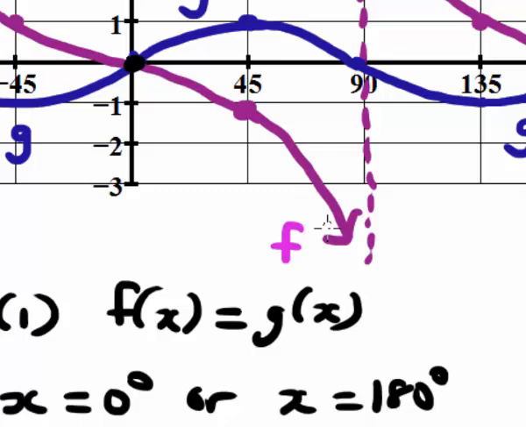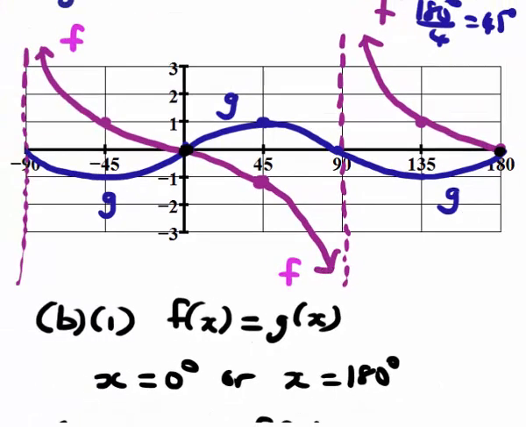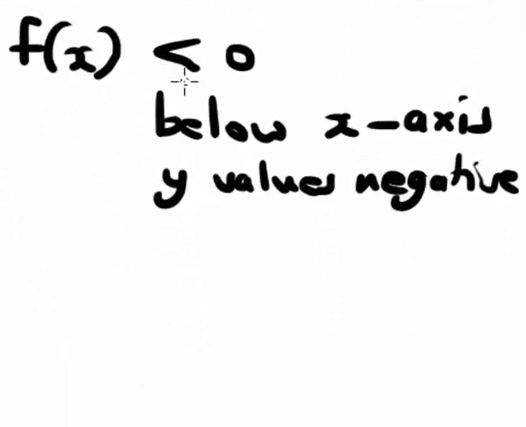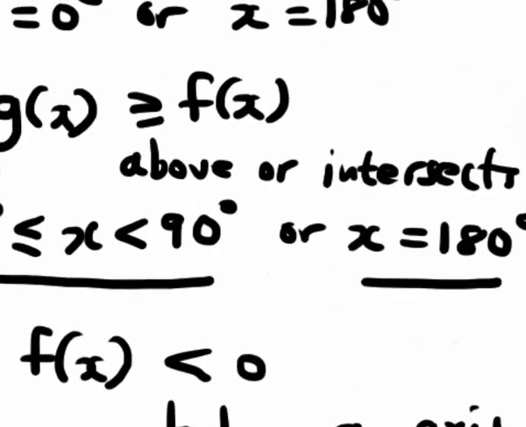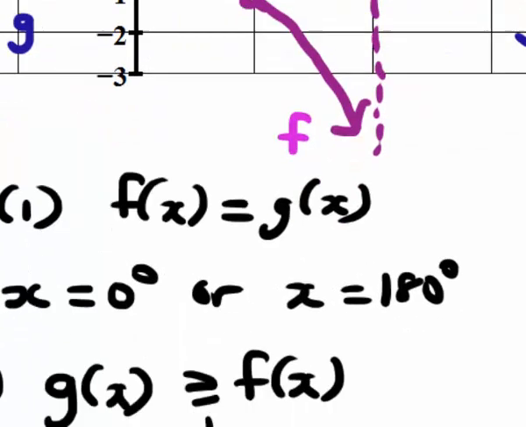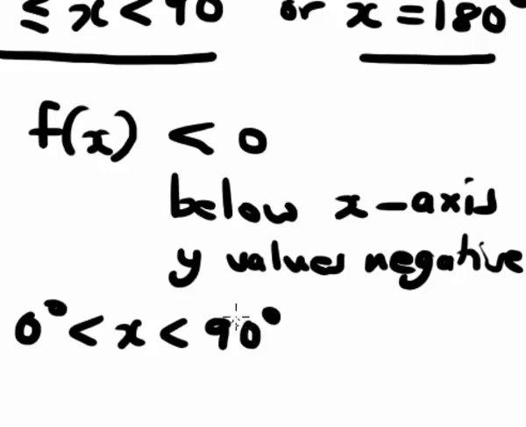From 0 to 90 it's below, and that's it. Notice they're not asking where it cuts the x-axis. Very simply, it's below from 0 to 90. So you can say from 0 to 90.